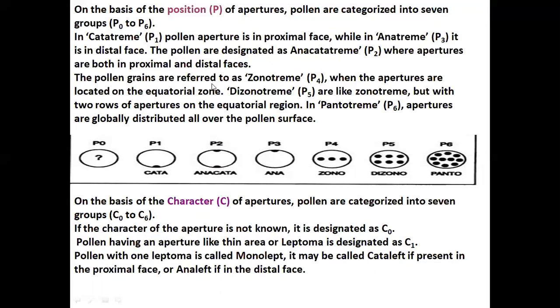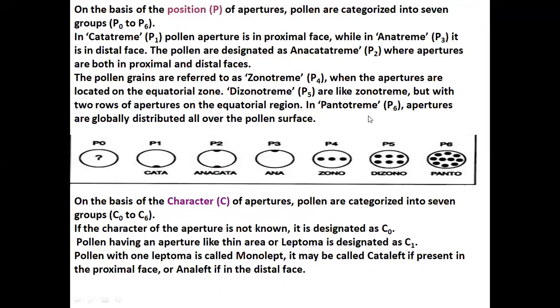The pollen grains are referred to as zonotreme. Zonotreme is on the radial line. When the apertures are located on the equatorial region, if it is in 2 rows, that is dizonotreme. It is called dizonotreme, which is P5. Zonotreme is P4, but with 2 rows of apertures on the equatorial region.